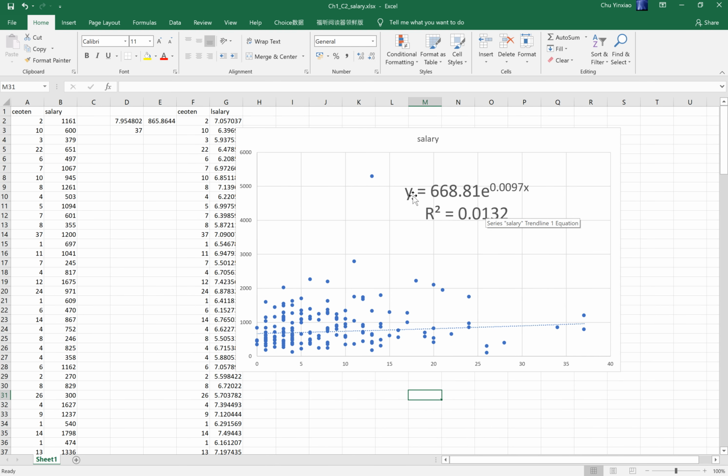For this one, we choose the exponential one because the exponential is the inverse of log of salary, right?